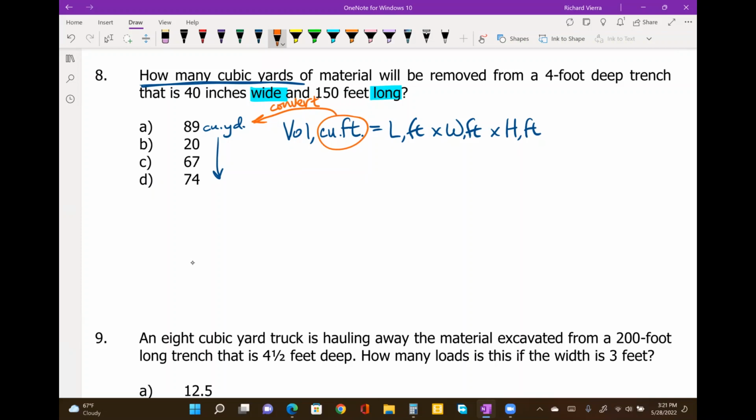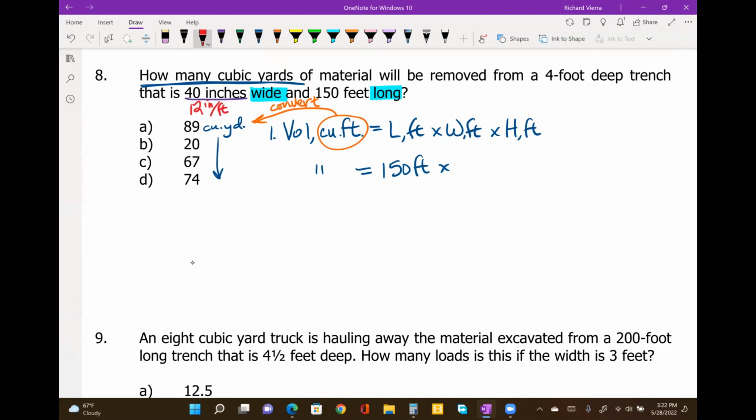Okay, so we plug in the amounts that were given for our length, width, and height, but one of those is not given in feet. So we got the length given 150 feet, but the width is given as a number of inches. Well, we're going to have to do the same process here that we use whenever we're given a diameter, which will also be in inches. We're going to divide that number by 12 inches per foot.